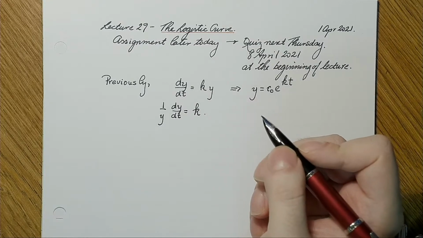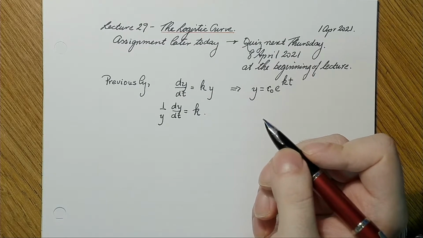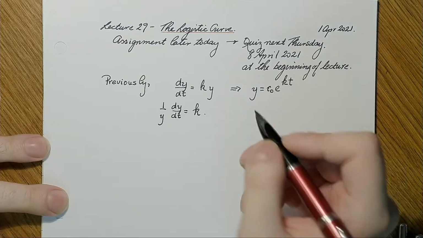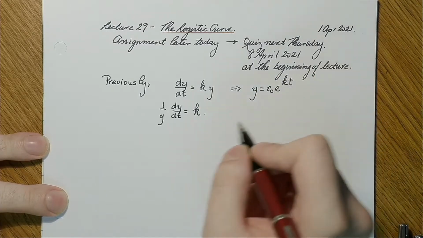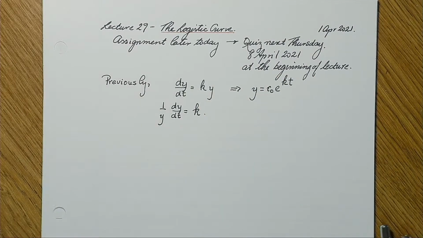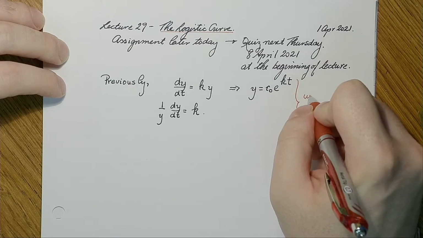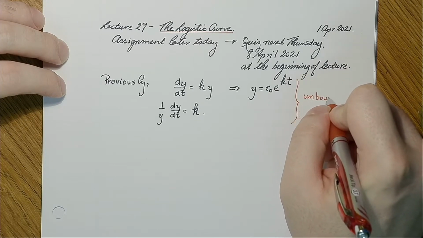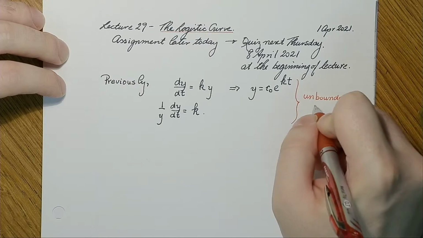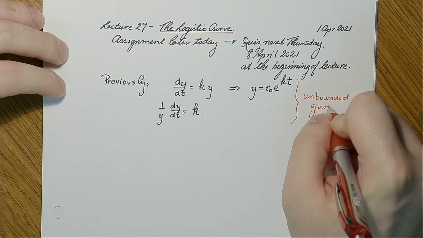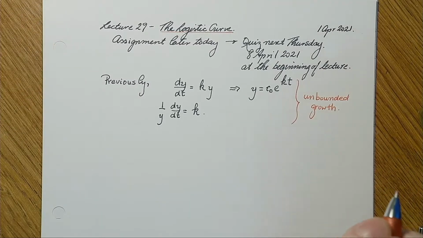Now, this was used to model growth that is proportional to the current amount. But the issue with this kind of model is that the growth is unbounded. We talked about, for instance, bacteria growing continuously, exponentially.